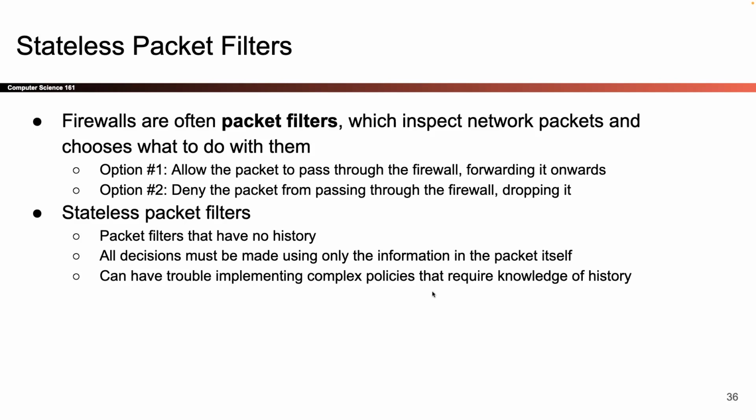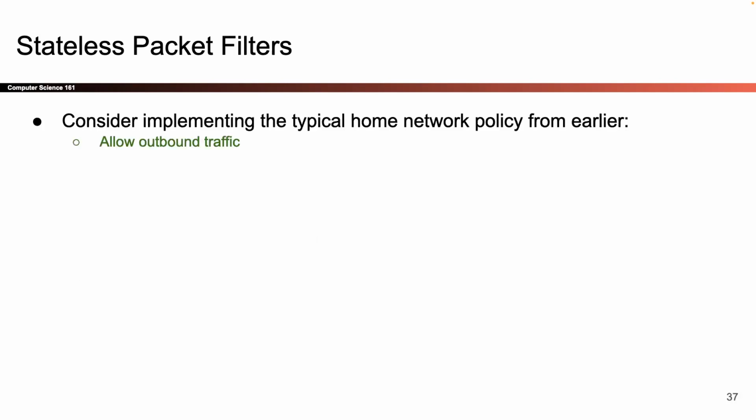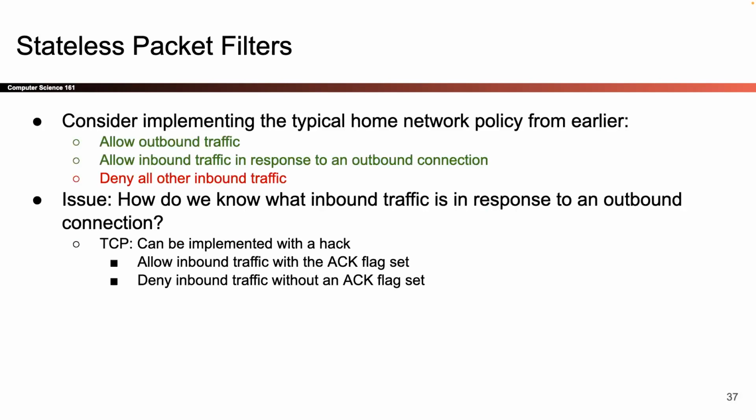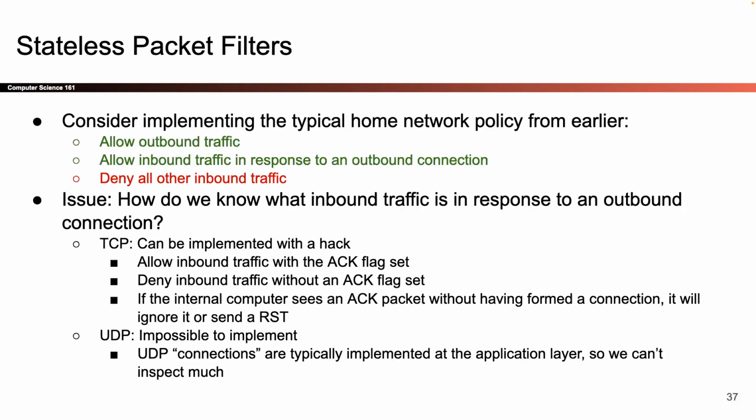What's nice about this is it's simple. What's bad about this is that it might miss some attacks. So how might you implement one of our policies from earlier using a stateless packet filter? One thing you could do is, if you're using TCP, how can I tell if something is a reply or not?